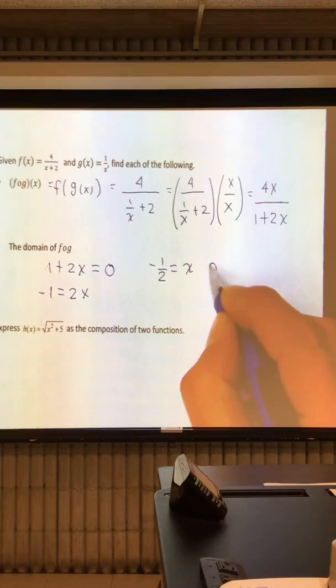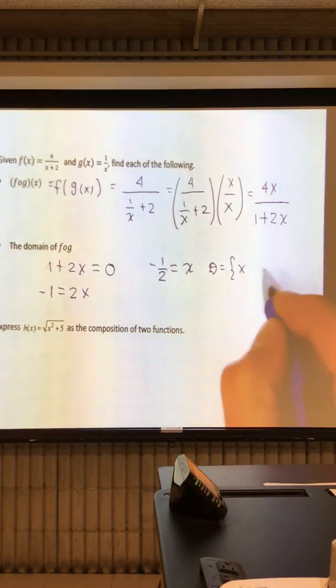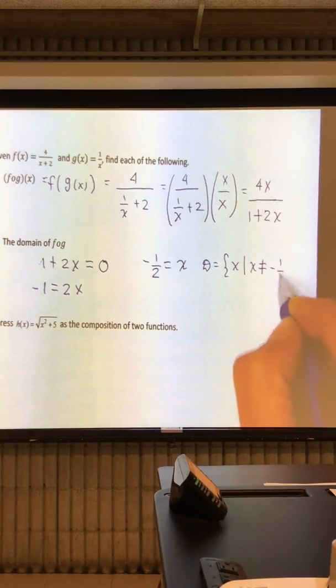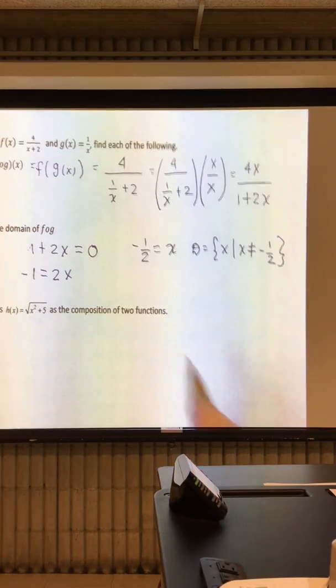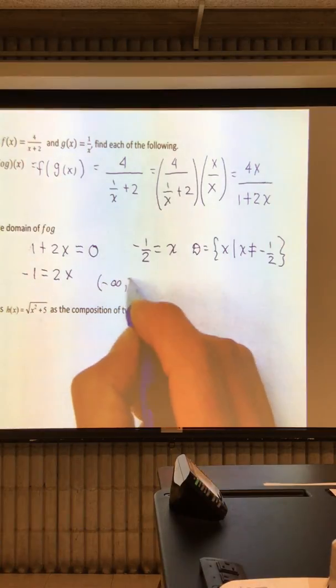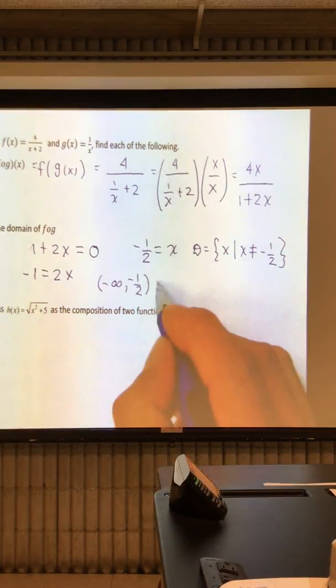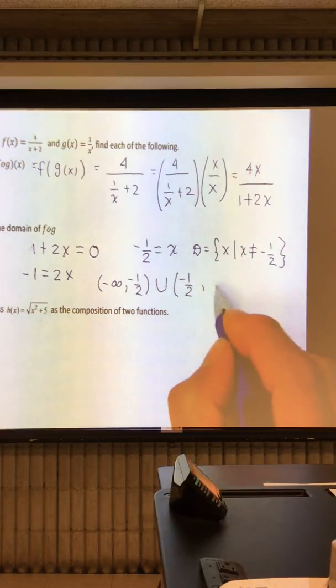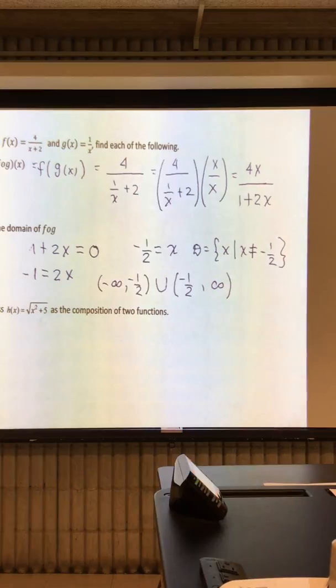So the domain will be the set of all x such that x is not negative 1/2. Or using interval notation, we can write negative infinity to negative 1/2 union negative 1/2 to positive infinity. And that's a fancy way to say x cannot be negative 1/2.